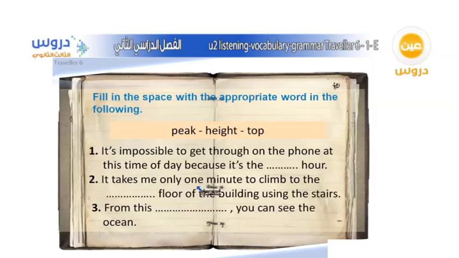Number 2, it takes me only 1 minute to climb to the floor of the building using the stairs. And the third sentence, from this you can see the ocean. Welcome, Shuruq. We have three different words. We need to write each one in the appropriate space.